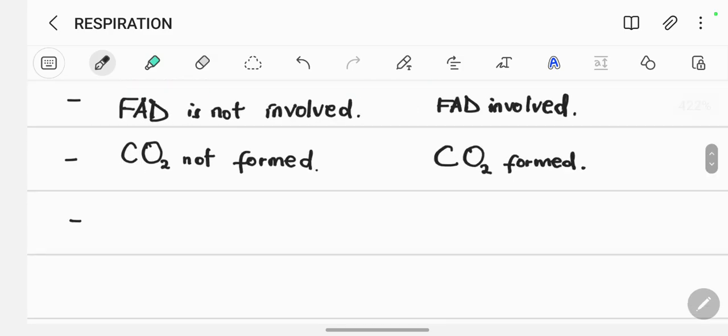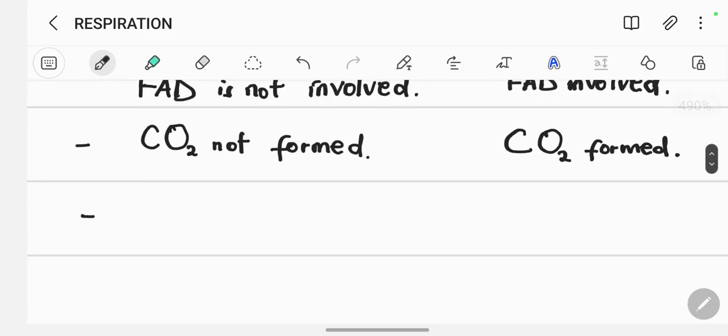The other difference we can talk about is the location.